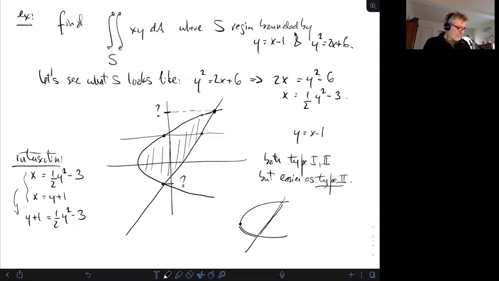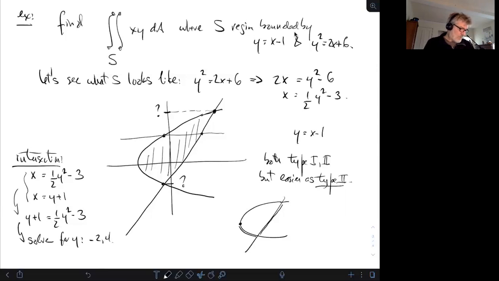Okay. All right. So here you solve for y. I won't do it. You can do that. It's a quadratic. And you will find the values, where are we? -2 and 4. That's what you'll find.